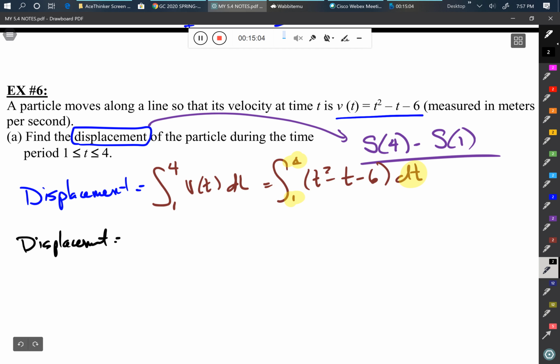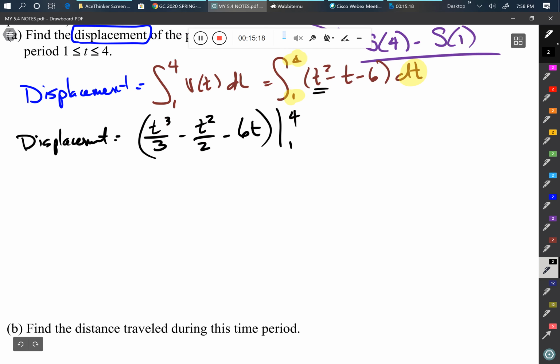So my displacement is going to be first term, t cubed over 3, minus second term, t squared over 2, minus third term, 6t, all of this evaluated from 1 to 4. Okay?